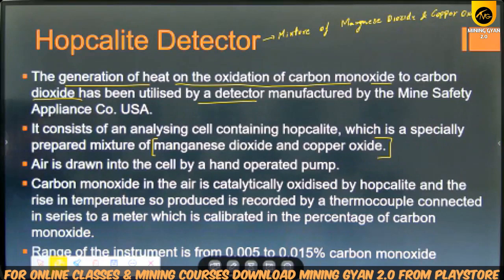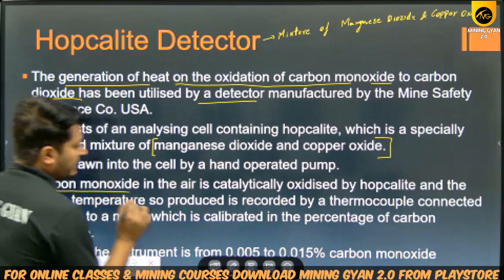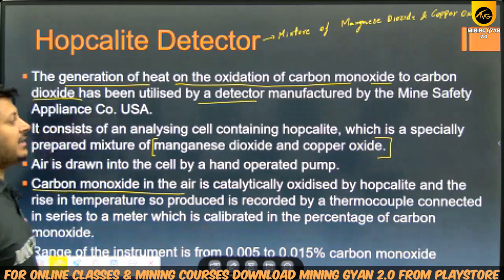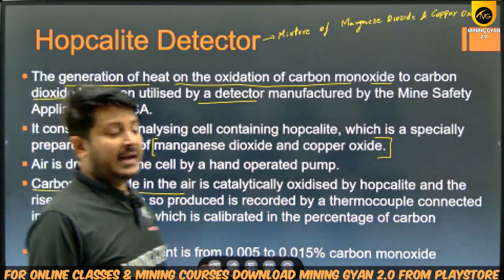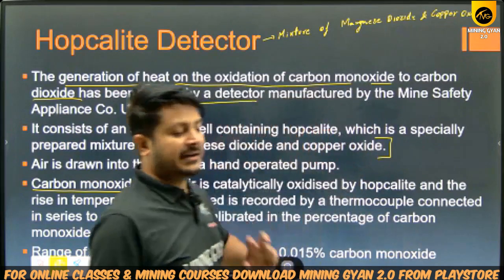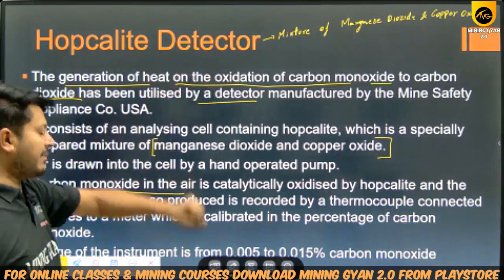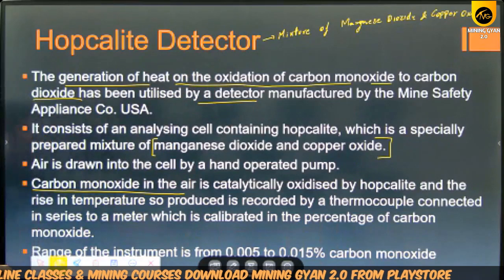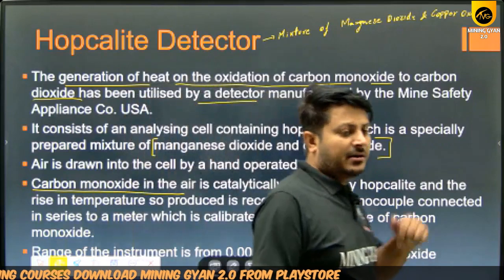Now, whenever the air which contains carbon monoxide comes in contact with this hopcalite mixture, then hopcalite acts as a catalyst. It will catalytically oxidize the carbon monoxide gas, and its temperature will rise.